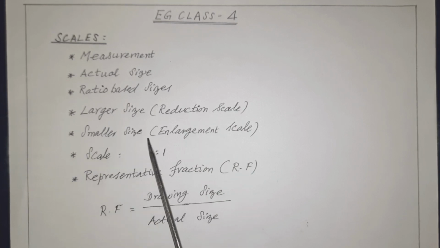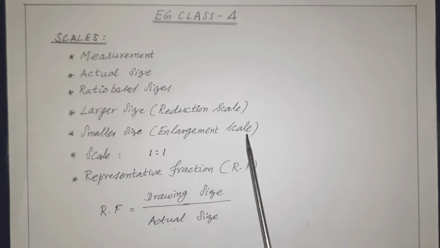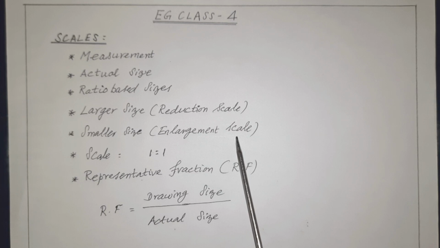When smaller size objects are considered, in this case, they should be enlarged in the scale, which is called enlargement scale, as shown. When smaller size objects are considered, we have to use enlargement scale.